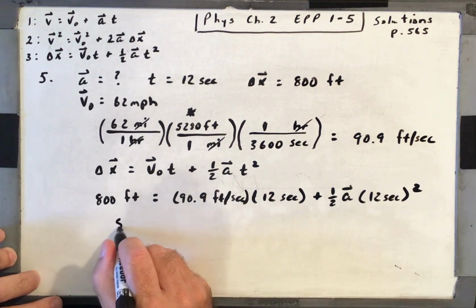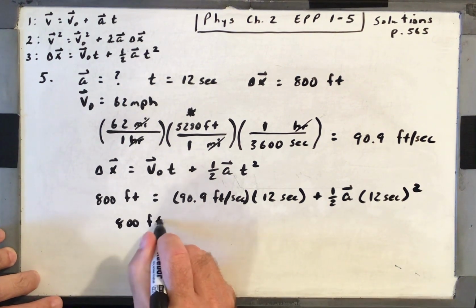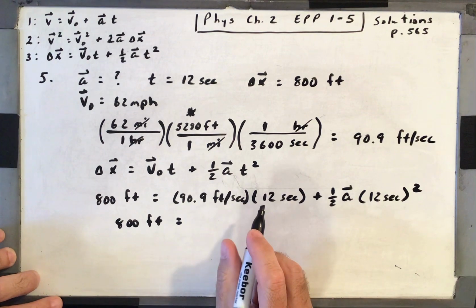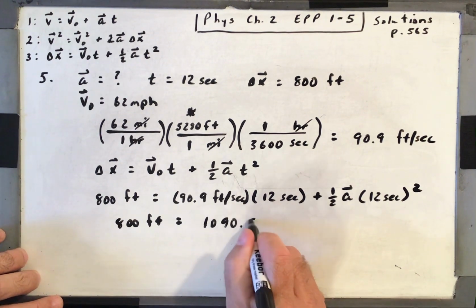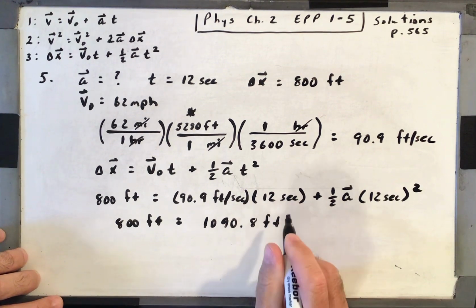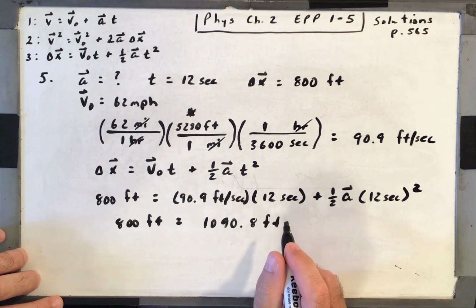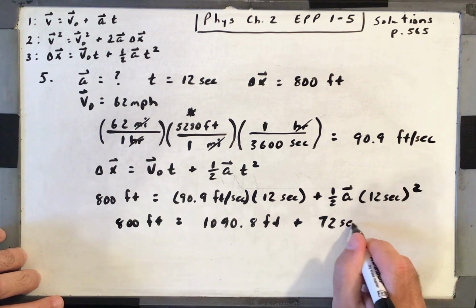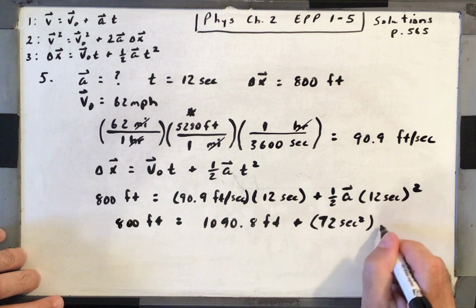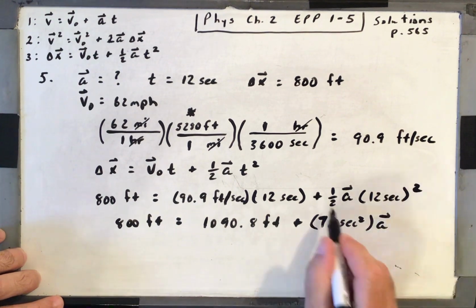All right, 800 feet. If you put this in your calculator, it's going to be 1,090.8. And plus 72 seconds squared times a. So 144 times 1/2.